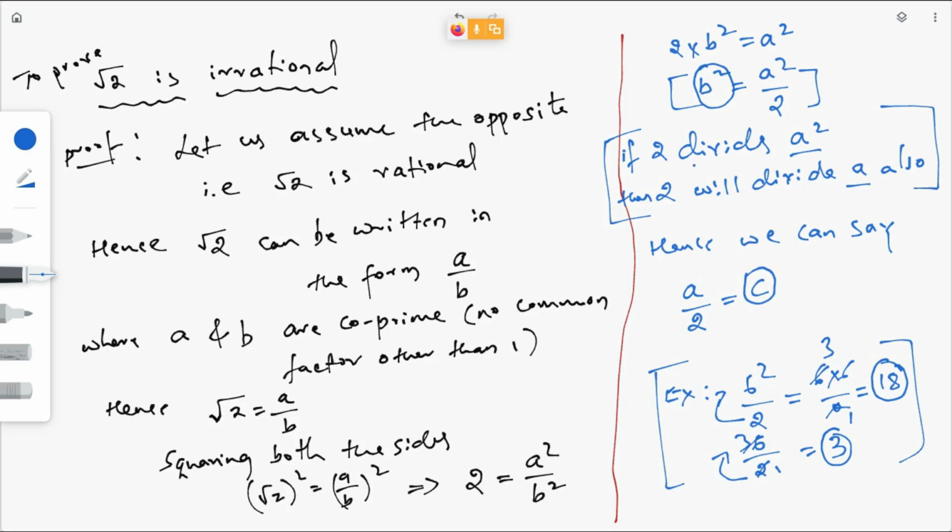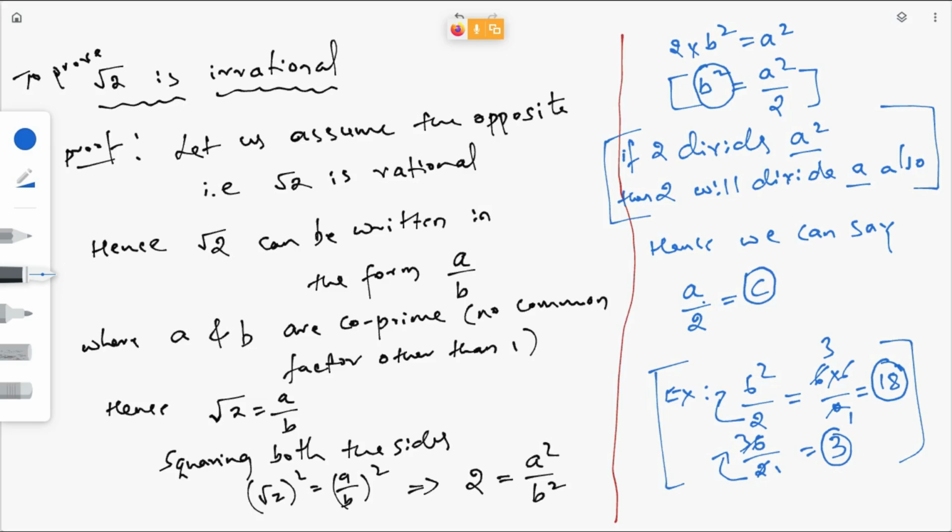So here we are not taking specific values. Here we are taking general terms like a and b. Similarly, a is divisible by 2, or this 2 divides a. If 2 divides a, then there must be some quotient. What is the meaning of 2 divides a?